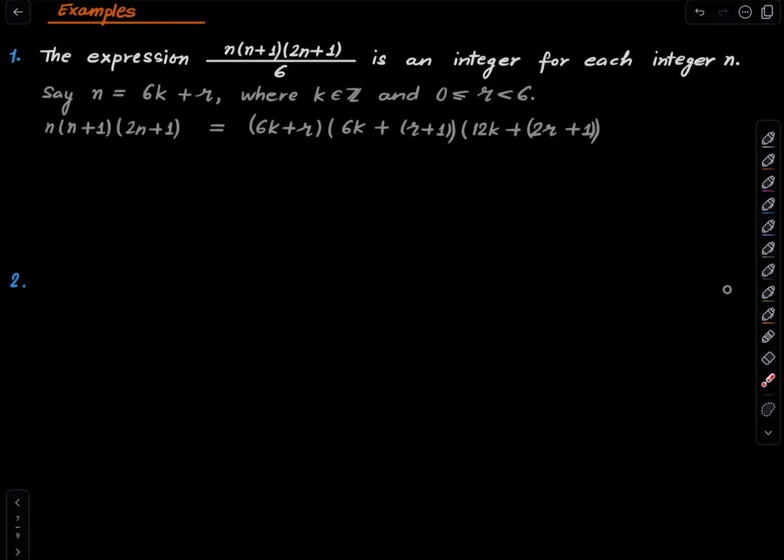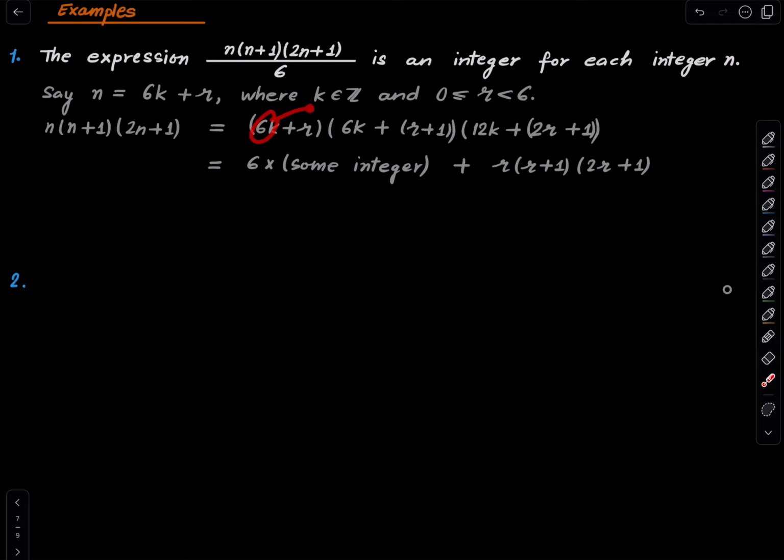All I did was substitute in place of n this expression. And now if you do the algebra, you will see that this is equal to 6 times some integer, some horrible integer that we do not want to compute, plus r into r plus 1 into 2r plus 1. So it's important that you agree with this step, right?